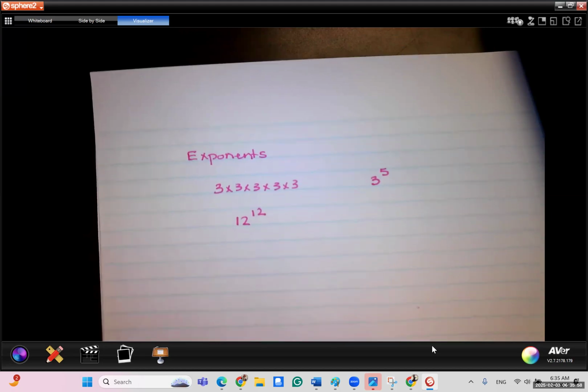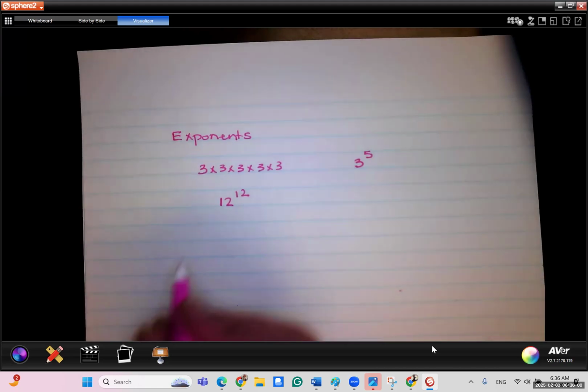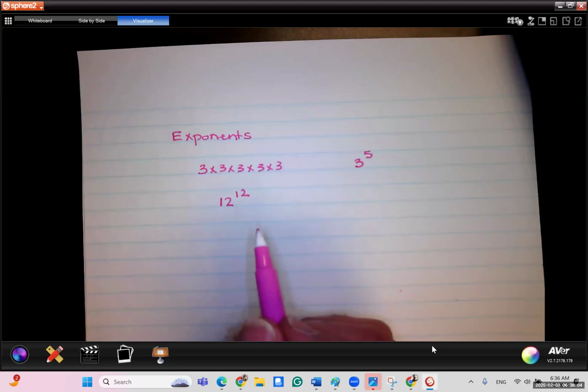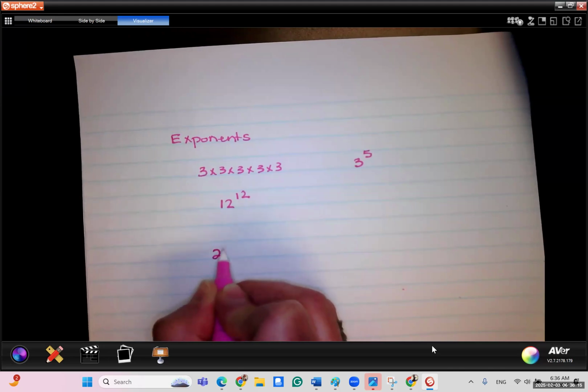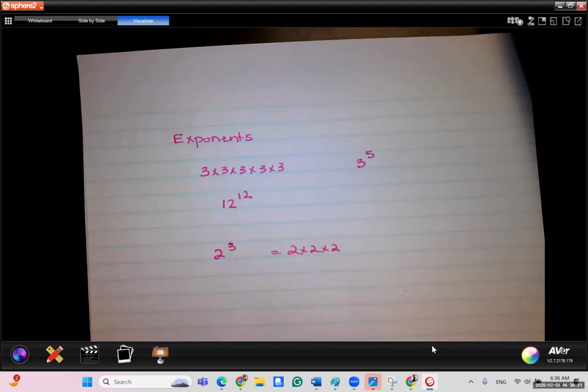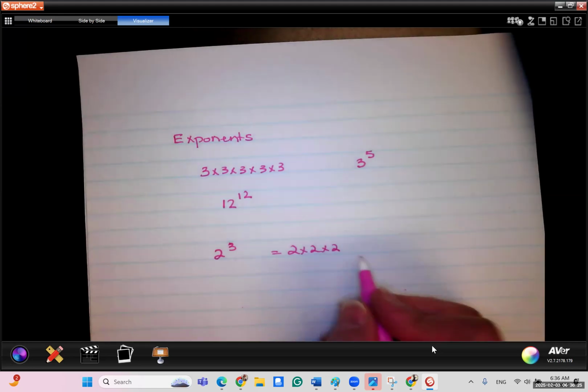One of the things that we need to understand is negative exponents. Just like positive exponents show us repeated multiplication, negative exponents show us repeated division, which we show as a fraction. So for example, 2 to the 3rd power is really 2 times 2 times 2. That means 2 multiplied by itself 3 times. 2 times 2 times 2 is 8.